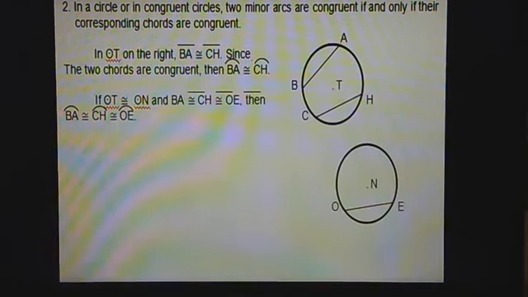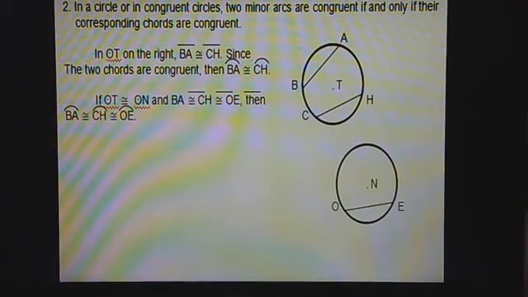So we have arc BA congruent to arc CH. Circle T is congruent to circle N, and BA is congruent to CH, congruent to OE. Then arc BA is congruent to arc CH, congruent also to arc OE. Okay, that's the theorem for chords and arcs.